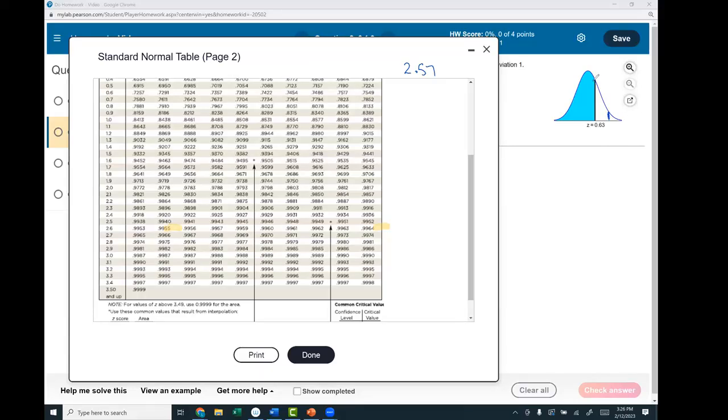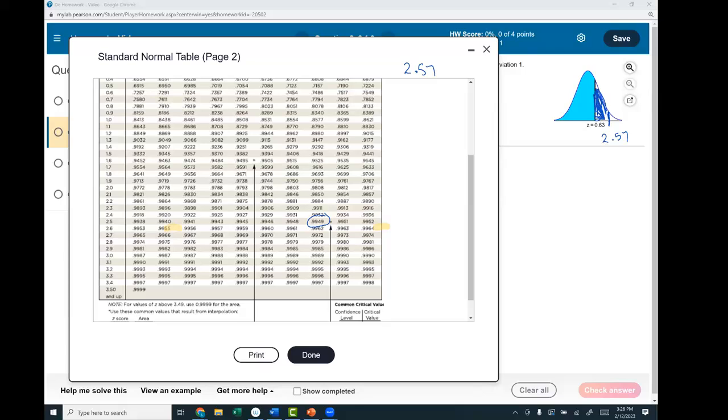And it would correspond to all this area to the left of that point. If I was looking at my z-score of 2.57, I would have a probability of 0.9949 right here. Okay, so that's basically how you read the table.